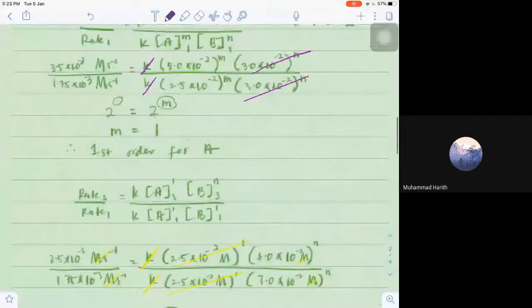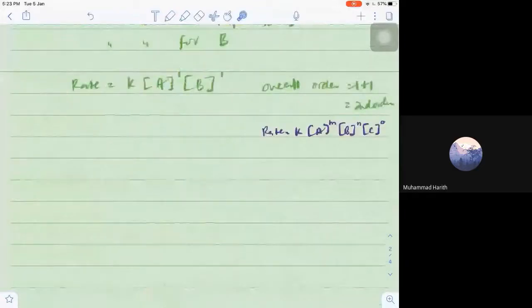If we have only 3 reactants, A, B, C, then the overall order will be M plus N plus O.